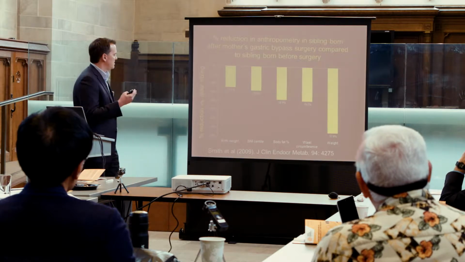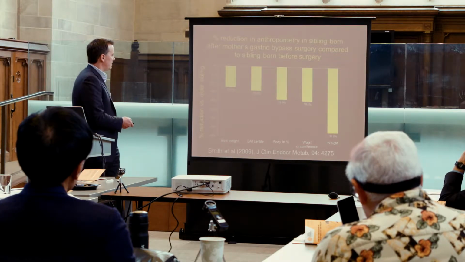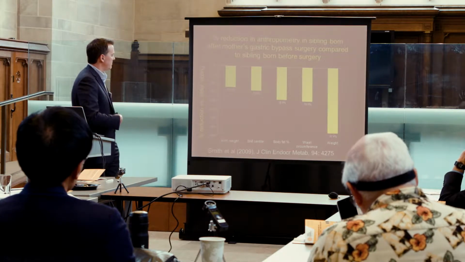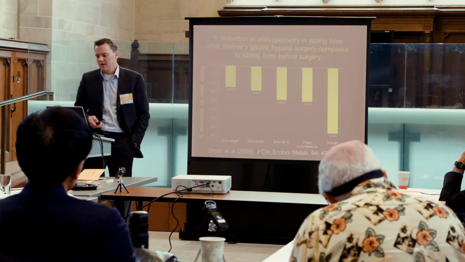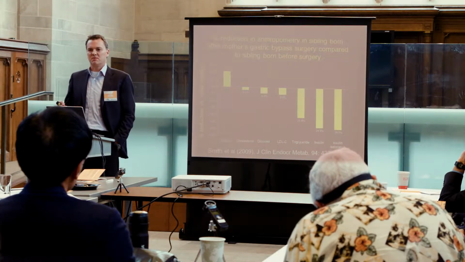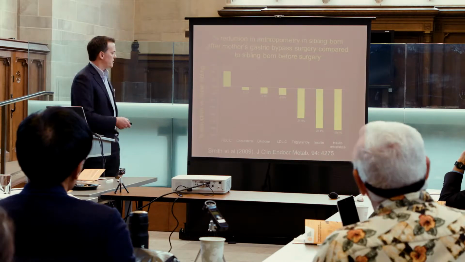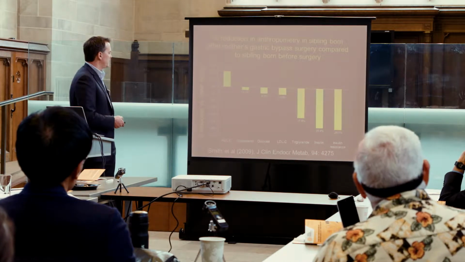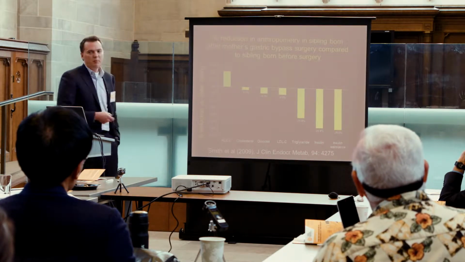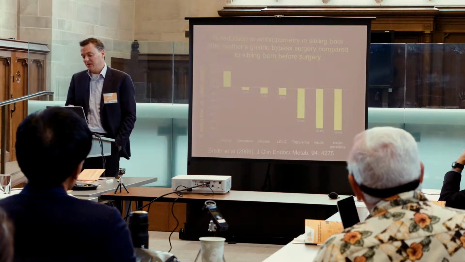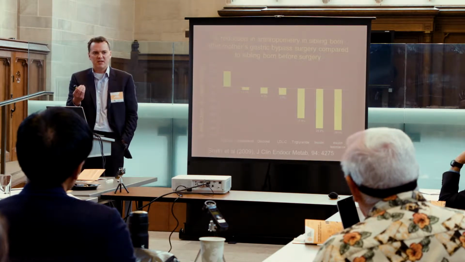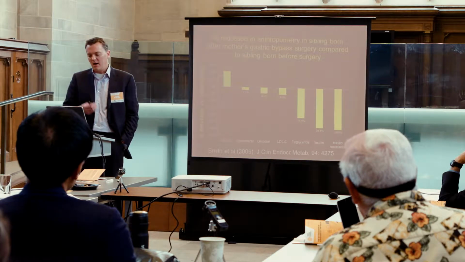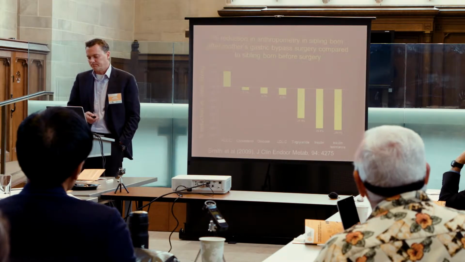And you see that the sibling born after was much lighter, had a thinner waist circumference, less body fat, et cetera. You also see that their metabolism is much more normalized, right? So their insulin resistance is down, lipids are down, good cholesterol's up, right? So there's pretty good evidence that there's something about the gestational environment itself that is driving this.